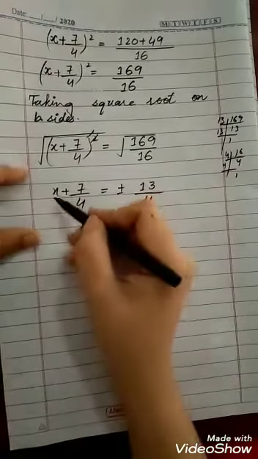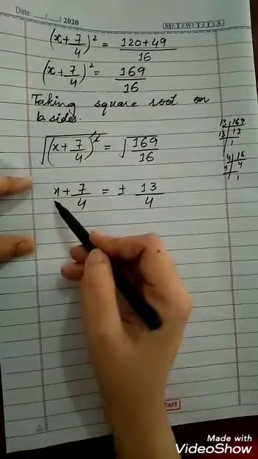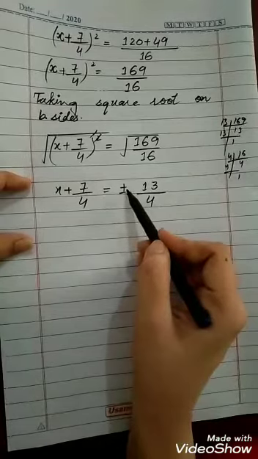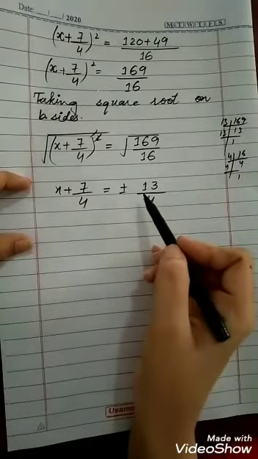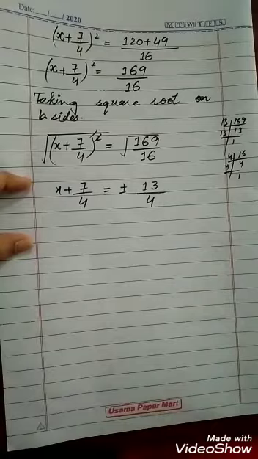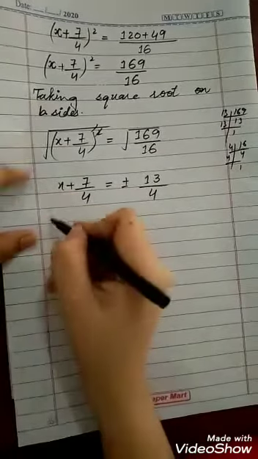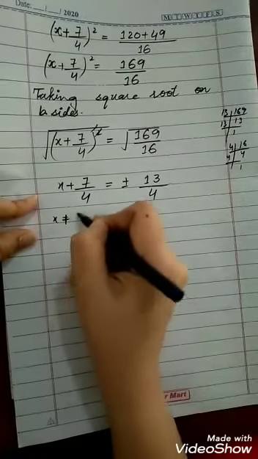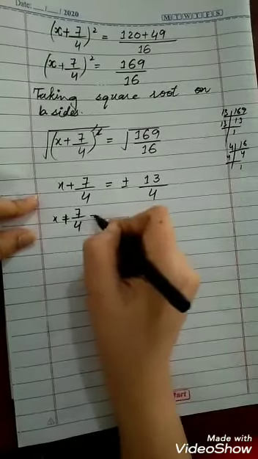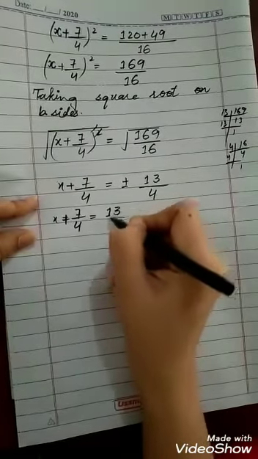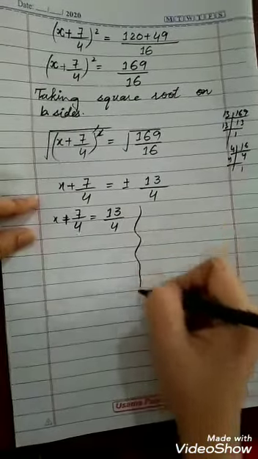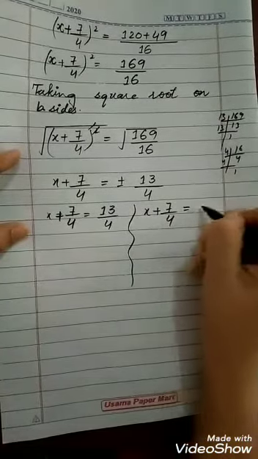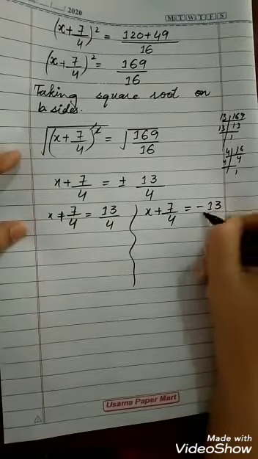Now, because we want to find the x value, we have to find the solution set. We will take this whole value once equal to positive, and the second time equal to negative. X plus 7 by 4 is equal to 13 by 4, and x plus 7 by 4 is equal to minus 13 by 4.